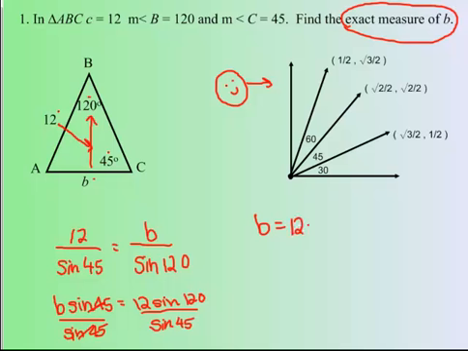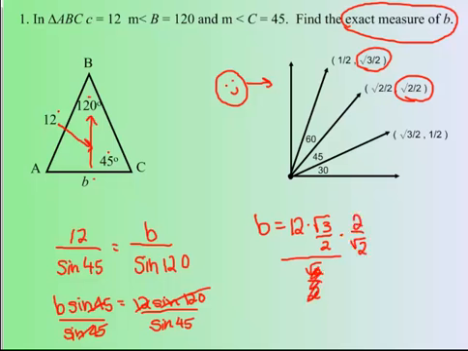So 12 times the sine of 120. Well, sine of 120 means its reference angle is 60. So the sine of 120 is radical 3 over 2, all over the sine of 45, which is radical 2 over 2. I'm going to flip and multiply because that's how I divide.